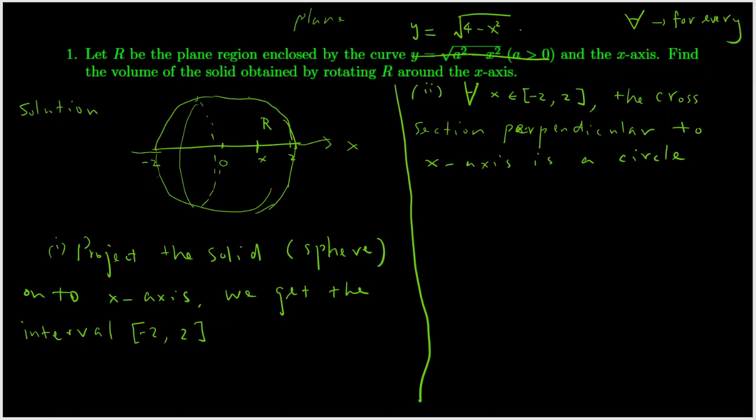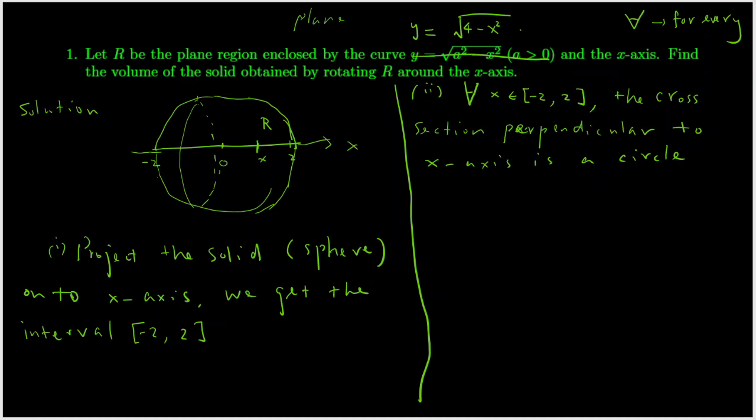It's a circle, right? In order to get the area of the circle, we need the radius. To identify the radius, I'm going to use another way to describe the cross section.